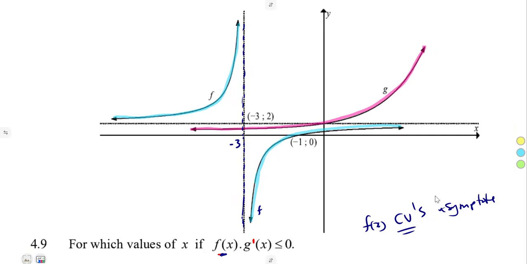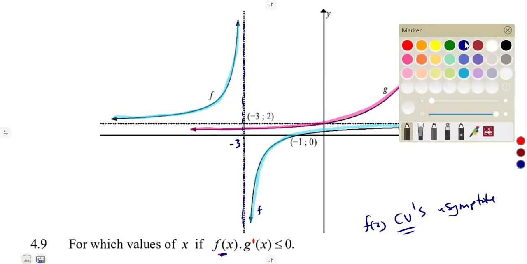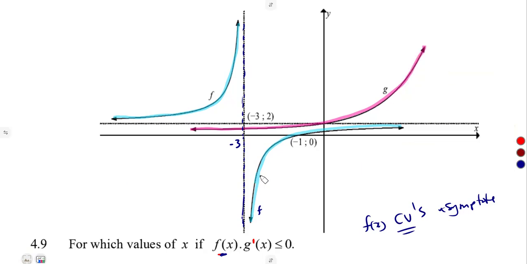So we do not have an effect. We just have to consider whether it is an increase or a decrease. If we check our g, it is an increasing function. So for g prime x, it is positive throughout because it is an increasing function.